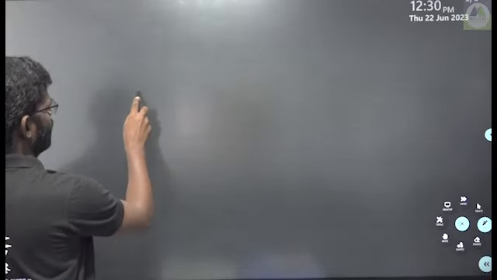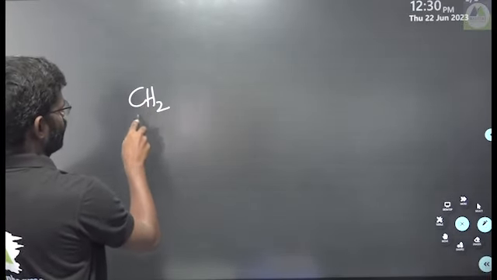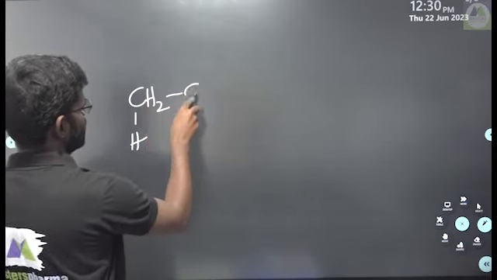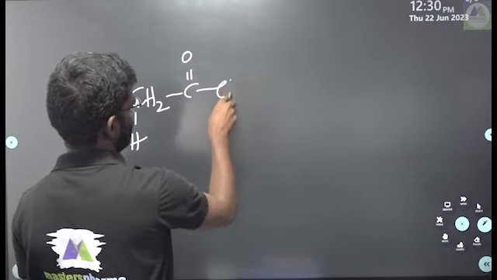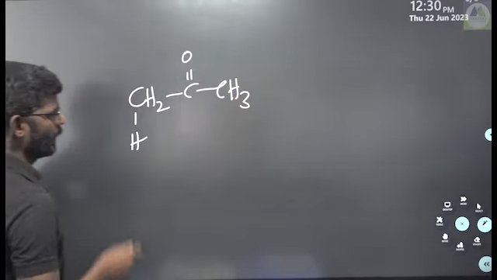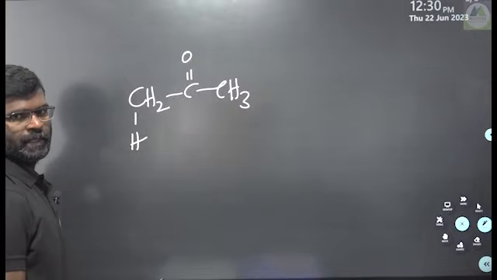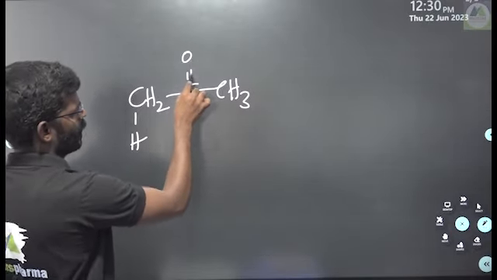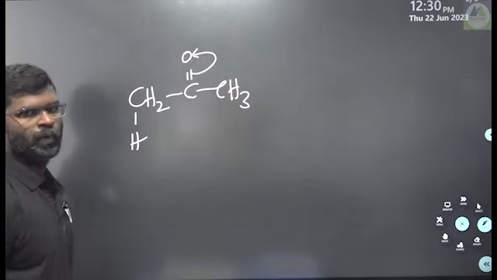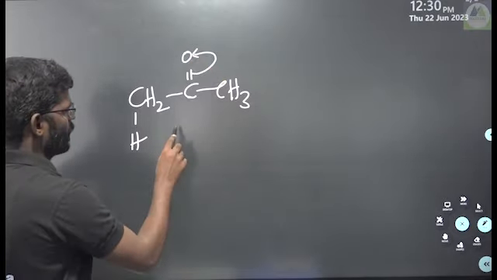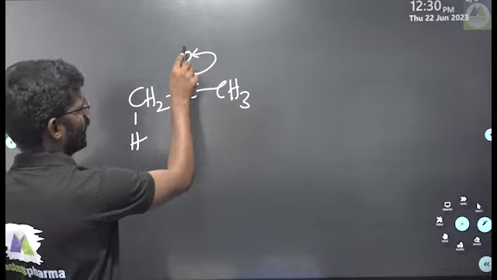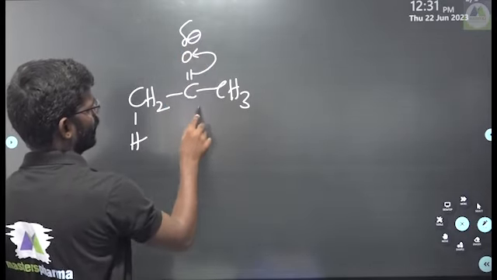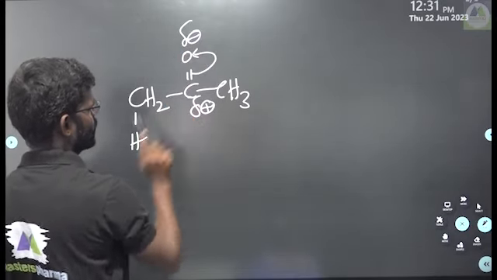Again I am going to write the structure: CH3, C double bond O, CH3. We know this is a carbonyl compound. Electrons move towards the more electronegative oxygen side automatically, so here is partial negative and here partial positive charge.